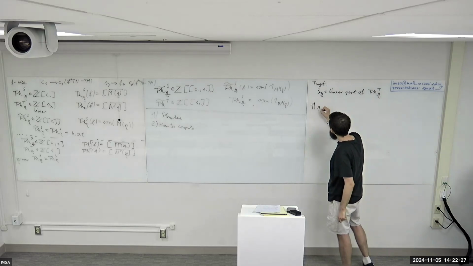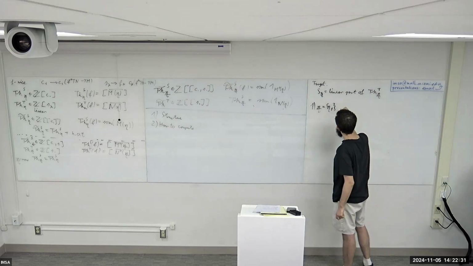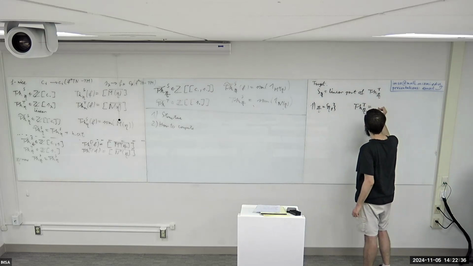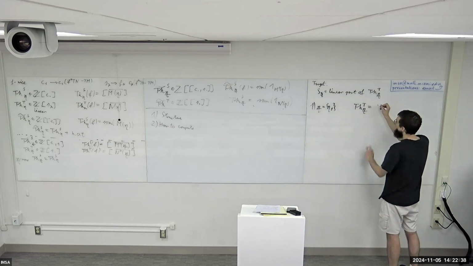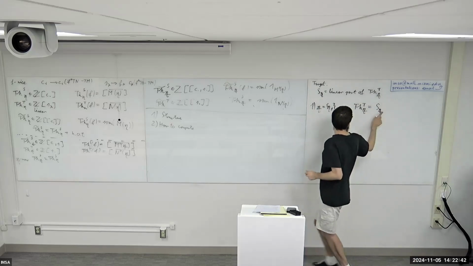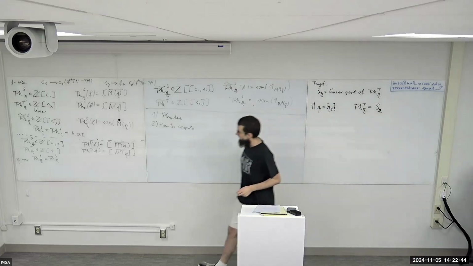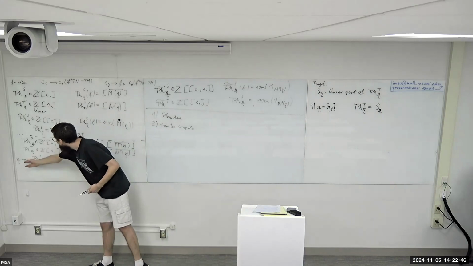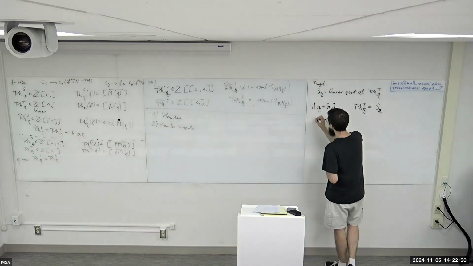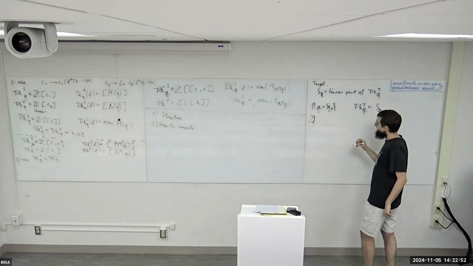First, if eta is just a single singularity, then the Thom polynomial of this multisingularity is just this linear part. I told you about this. Here, if you have mono, then this thing is linear. And then we have a recursion.